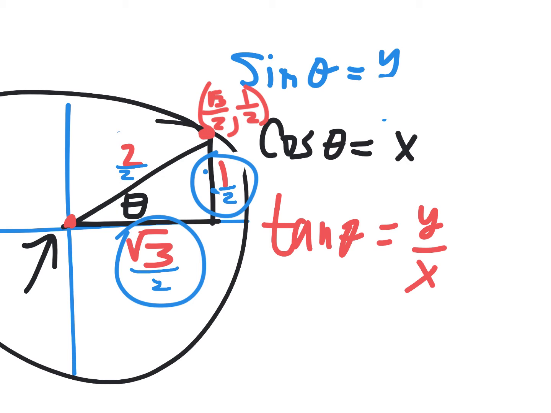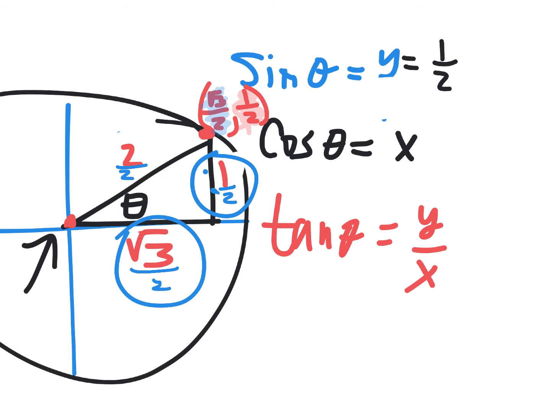What's the sine? The sine is the y. I know, because you told me to memorize it. Sine is y. I got it. Sine is y. Well, of these 2 parts of the point, which one's the y? The root 3 over 2? Or the 1/2? Which one's the y? It's the 1/2. So in this circle, sine of theta is the y, which is 1/2.